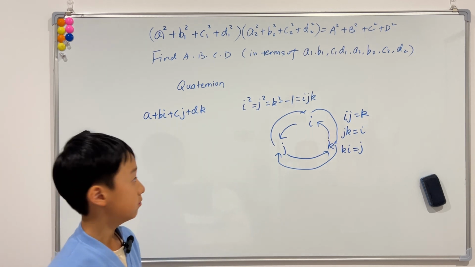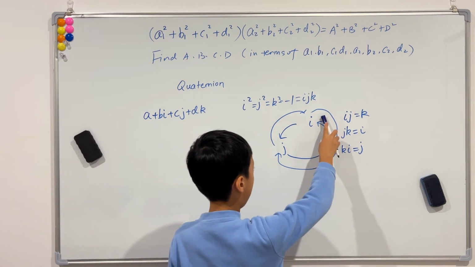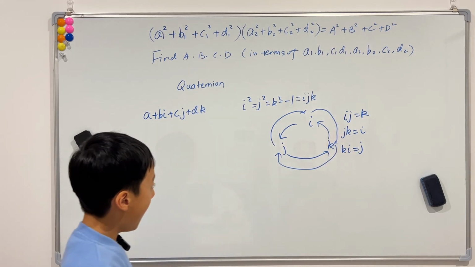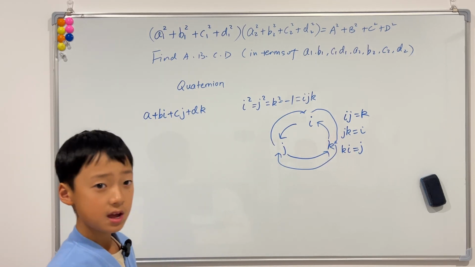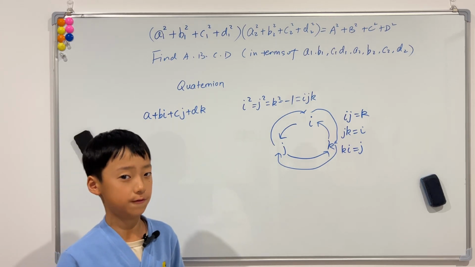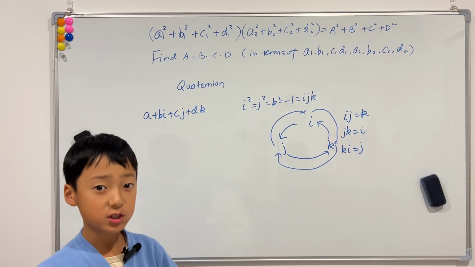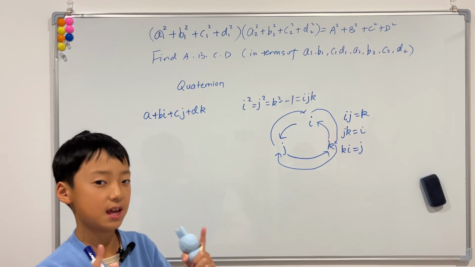Right? So this means that I times K is not equal to J, since quaternions are not commutative. I times K is actually negative J. So if it's clockwise, just remember everything's negative.